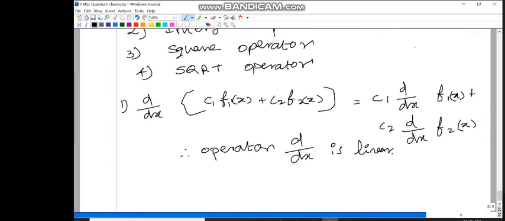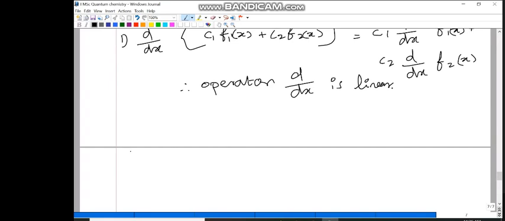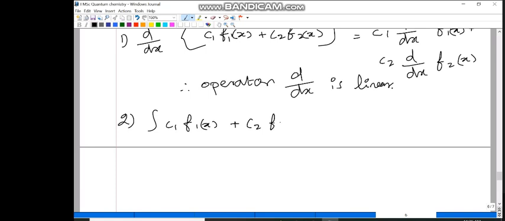Then second one, if you take integration, the same integral of c1 f1 of x plus c2 f2 of x dx. You can write this as integral of c1 f1 of x dx plus integral of c2 f2 of x dx.